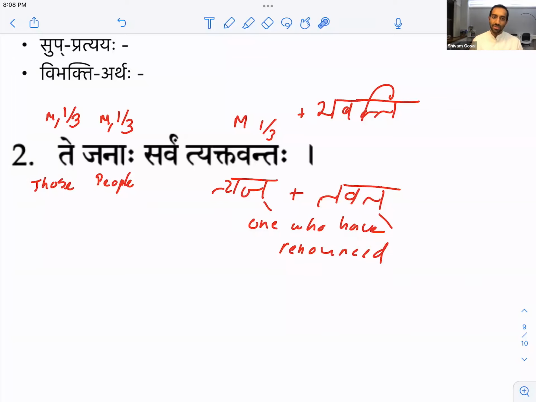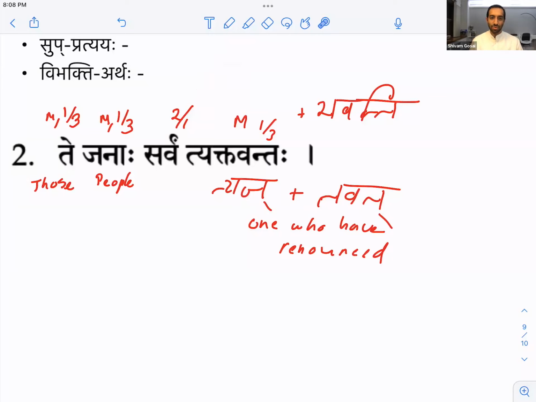What have they renounced? Sarvam. Sarva, akaranta, napumsakalinga or pullinga, dutiya vibhakti ekavachanam. This is karmani dutiya to tyaktavantaha.